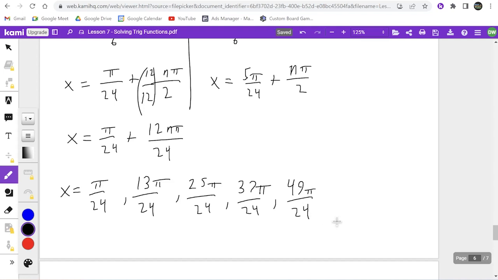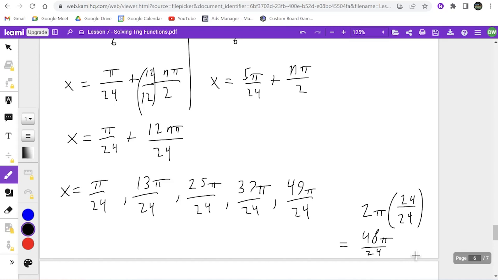But hold on a second. How do I know when I'm supposed to stop? Because I'm just going to keep doing this forever. I know when to stop when I get to 2 pi, right? But what the heck is 2 pi with a common denominator of 24? Well, if I multiply by 24 over 24, I get 48 pi over 24.